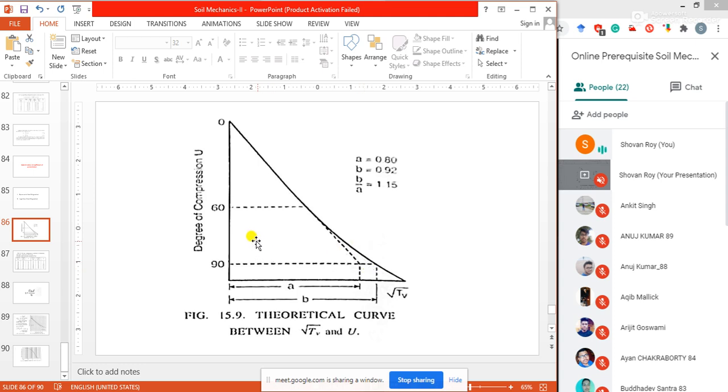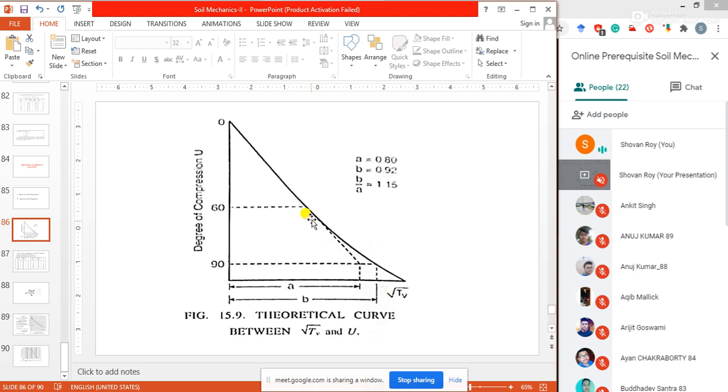So this deviation value, or the b by a value, is 1.15 times. B by a equals 1.15 times. So at 60, your value is suppose a, the straight line.